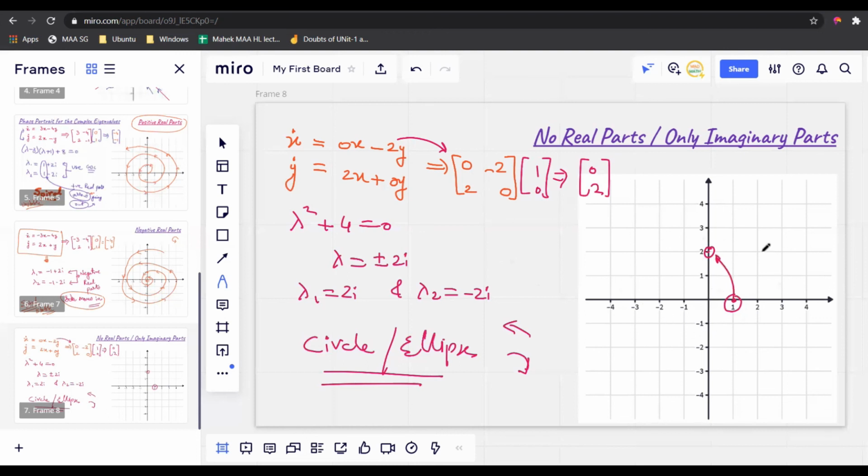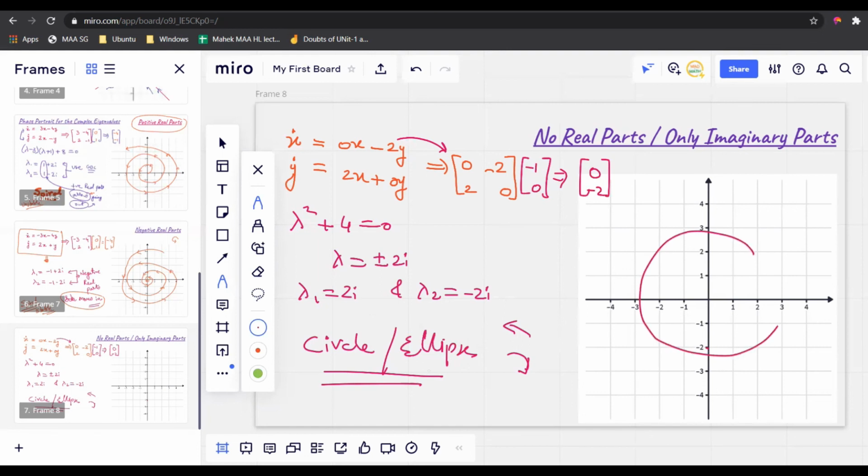It means it is going anti-clockwise. I'll draw one circle with the arrow in the anti-clockwise direction. Yes, that's it. You can draw an elliptical shape also, whichever you want, but I just draw a circle.